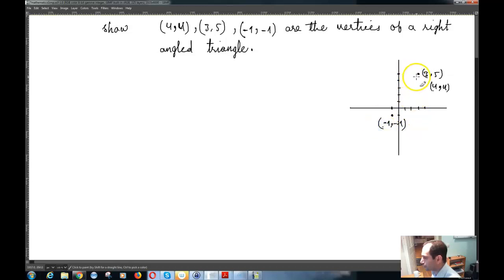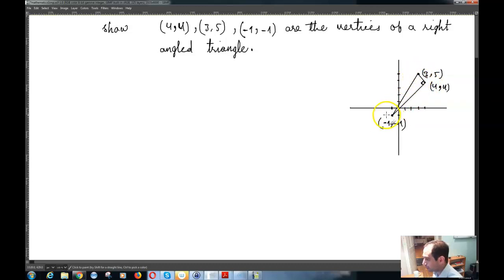And so if you join these points together, you will get something that is supposed to be a right angled triangle. You can imagine that this is the right angle. So you want to show that without using the Pythagorean theorem. Using the Pythagorean theorem, you would find this distance, and this and this distance.